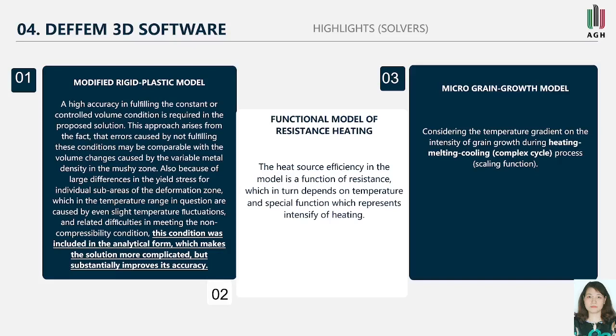The second original solution is a functional model of resistance heating. The heat source efficiency in the model is a function of resistance. The last solution is a micro-grain growth model, considering the temperature gradient on the intensity of grain growth during the heating, melting, cooling process.